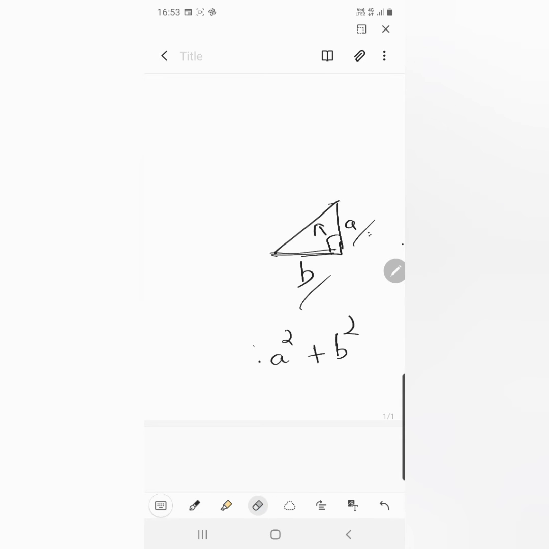So let's call the hypotenuse C. It is kind of the ABC of Pythagoras.